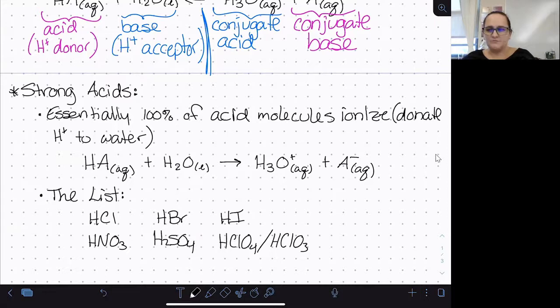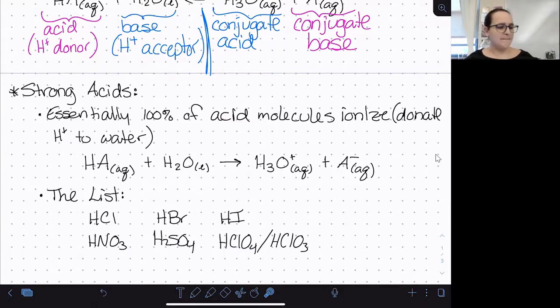And they don't get used all that much. So the reaction with water is exactly the same, just going to completion, and that goes for this set of acids here. So A can be chlorine, bromine, iodine, nitrate, sulfate, chlorate, and perchlorate.